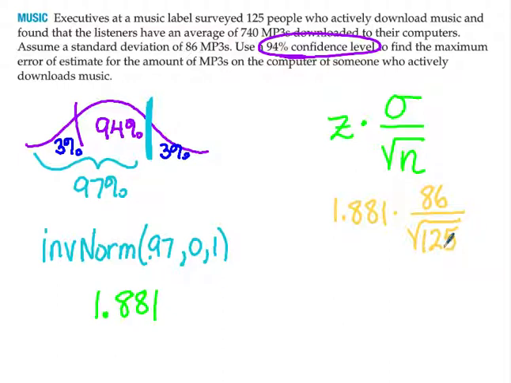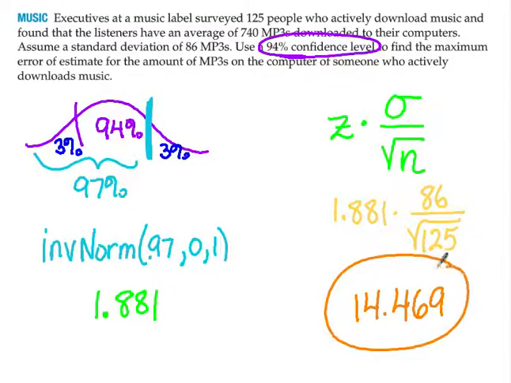So what does that come out to be? 14 point what? You're right. 469. Yep. There you go. Okay, questions? Pretty straightforward. If you can do what we just did, that's all we're doing today.